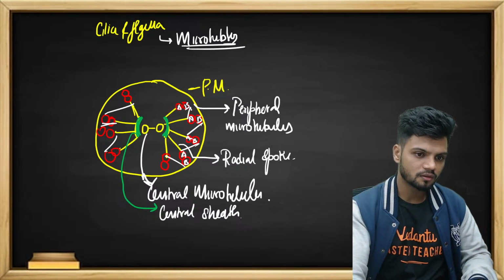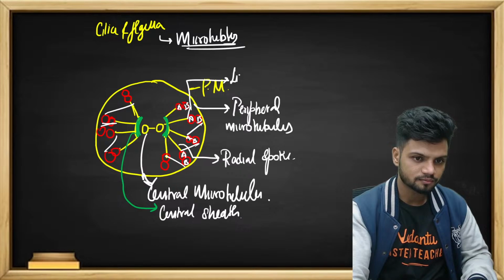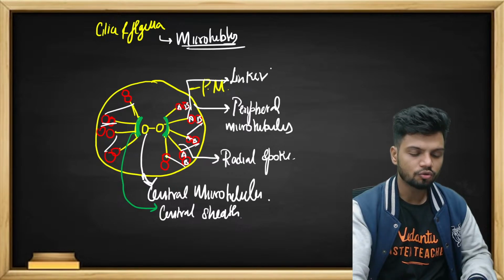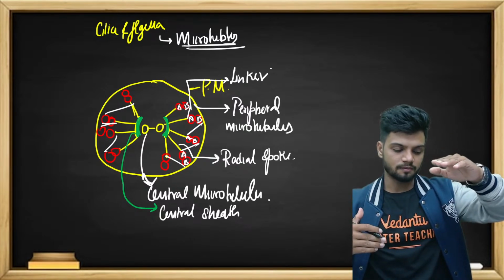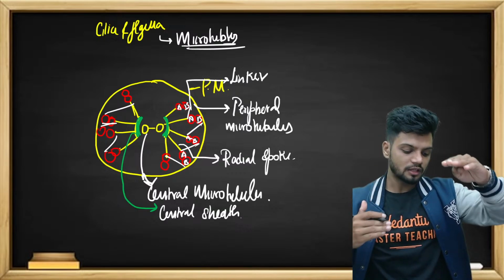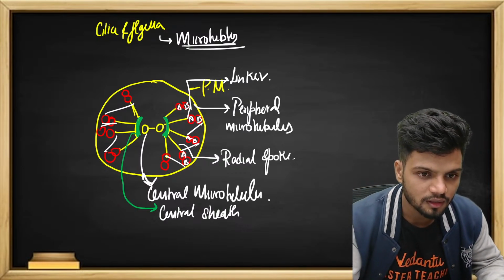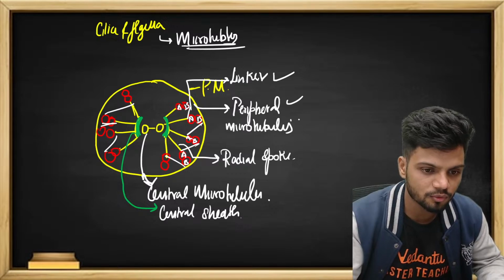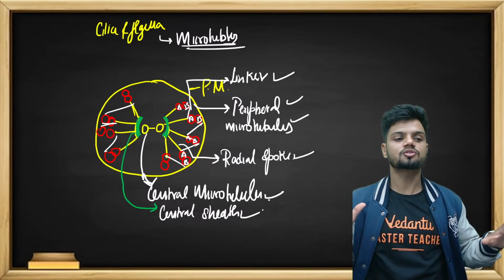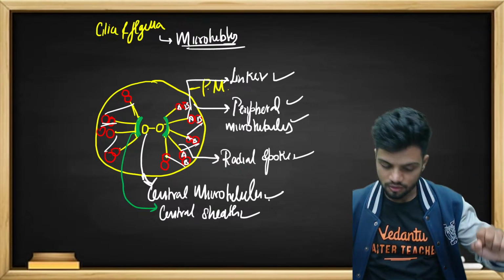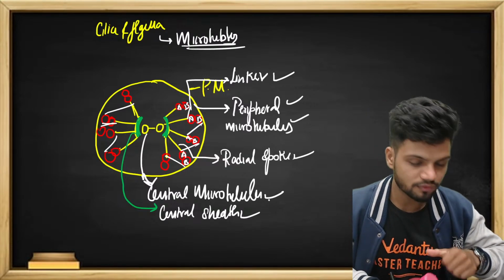Can you see this one? This is called a linker. Peripheral microtubules are attached to each other with the help of linkers. So: linker, peripheral microtubule, radial spoke, central microtubule, central sheath. That's all the structure of cilia and flagella.